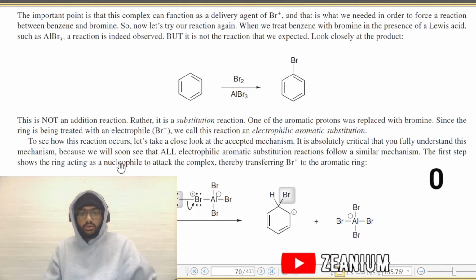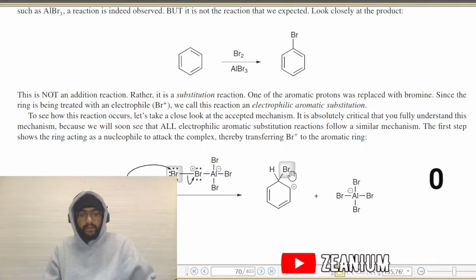Okay, so the benzene is the nucleophile, and this is the electrophile. So the benzene attacks the bromine, and then the bromine hops to the plus charge, which then created this product.